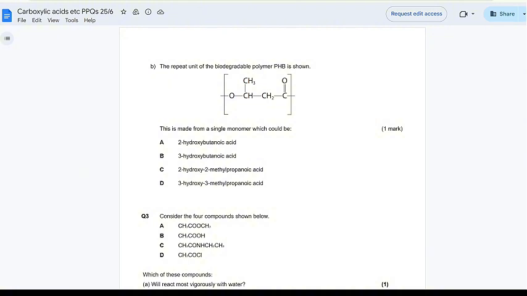Well, it's certainly butanoic. So A and B are immediately the only possible options here, and it's just a question of whether the hydroxy group is on the second or third carbon. It's pretty clear that the carboxylic acid carbon is the first carbon, so it should be the third. Should make the answer B.